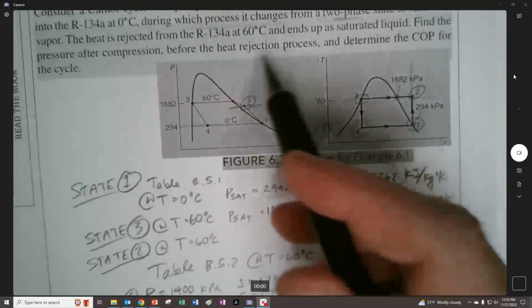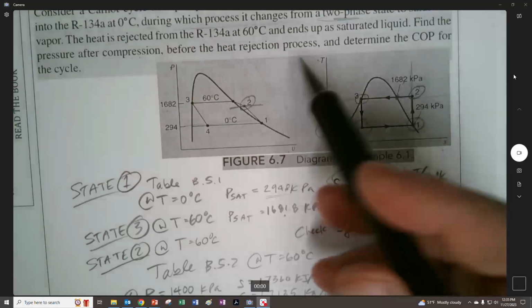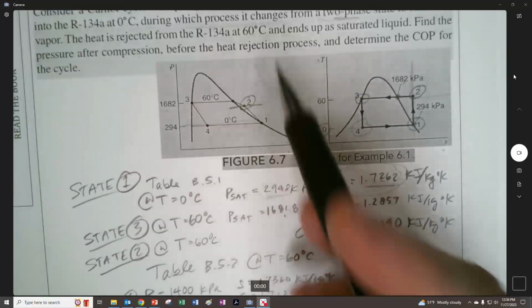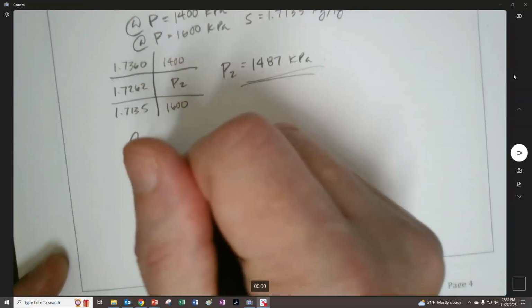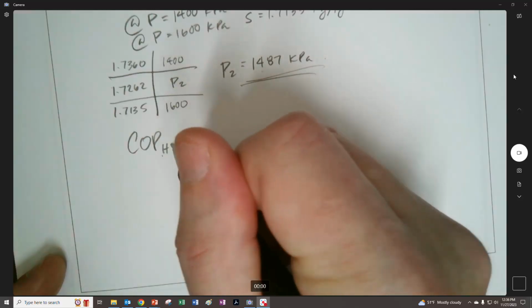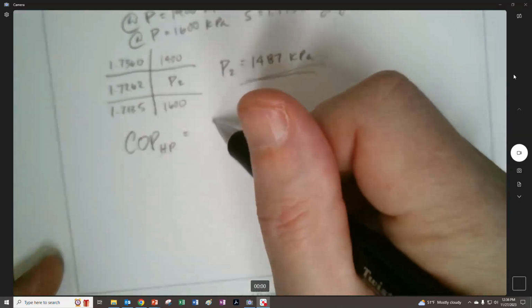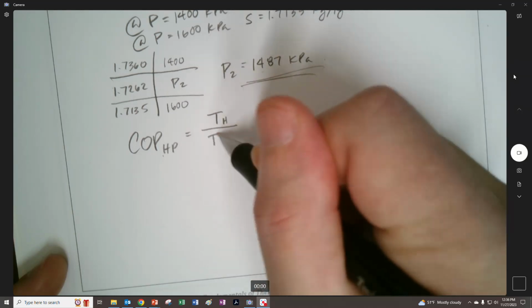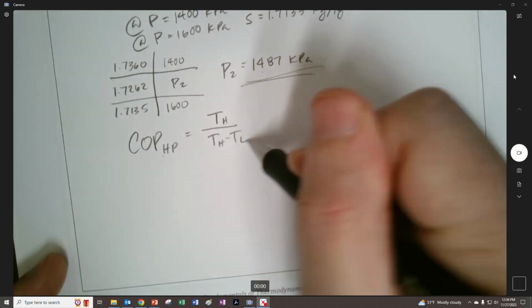They asked for the coefficient of performance. We could have done that without any of this because they gave us the temperature. If it's a Carnot cycle, we know that the coefficient of performance for a heat pump is TH over TH minus TL.